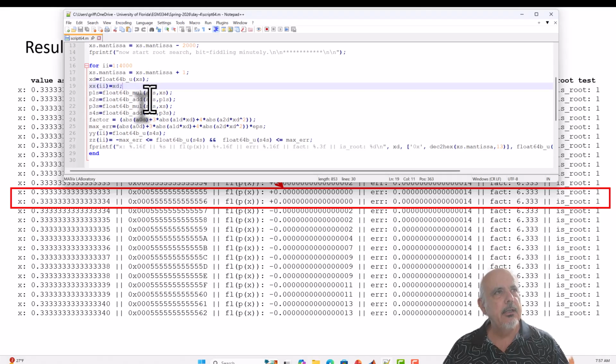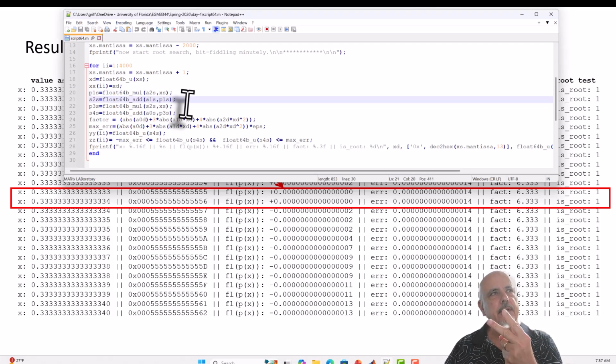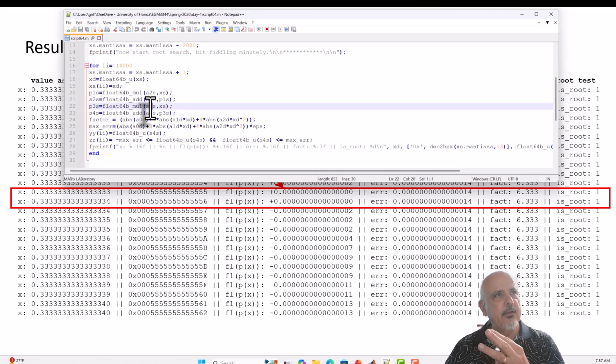So I take the A2, the highest coefficient, multiplied by x. So that's the first thing, that product. And then the second thing, I take that P1 and add to it the A1, the linear coefficient. And these are all structures, and they return structures. So I add that, I get an S2S, and then the S2S I multiply by x again, right?